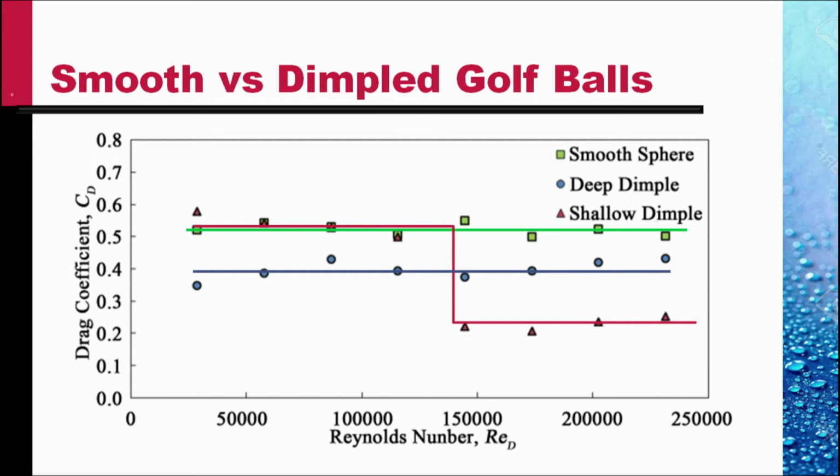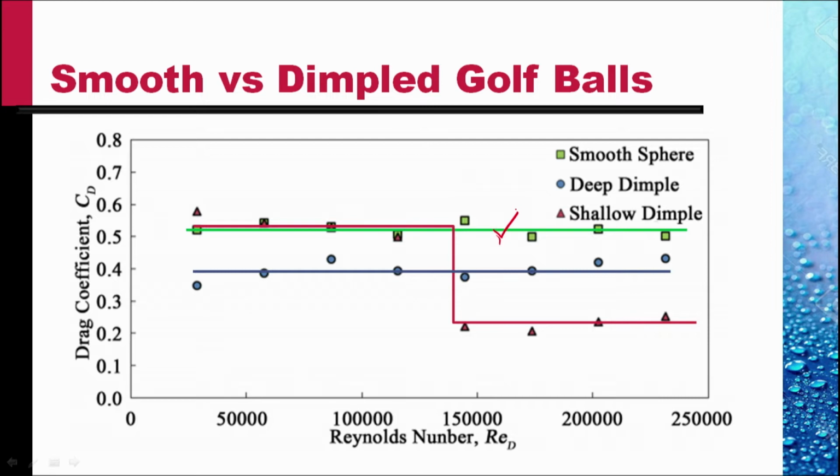The green line shows the drag coefficient for a smooth sphere of the size of the golf ball within the range of Reynolds number from 50,000 to 250,000, 2.5 into 10 to the power 5. So for a smooth ball, transition doesn't occur, and CD remains high at about 0.5.